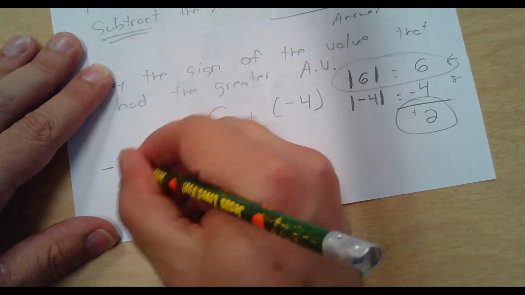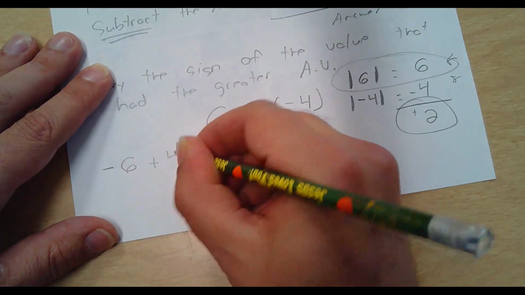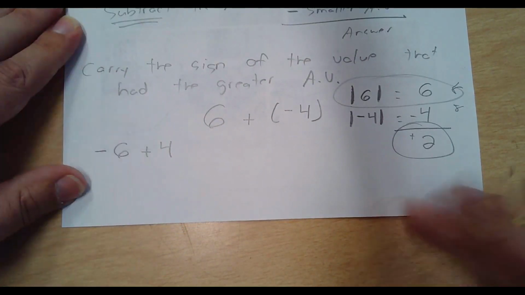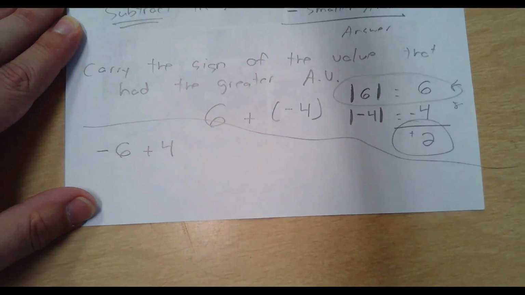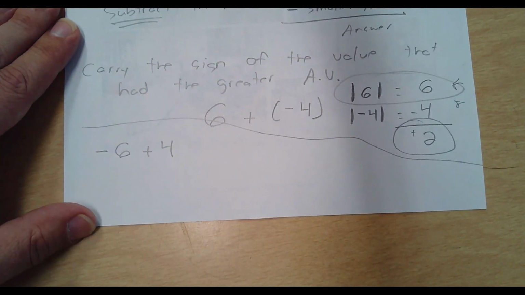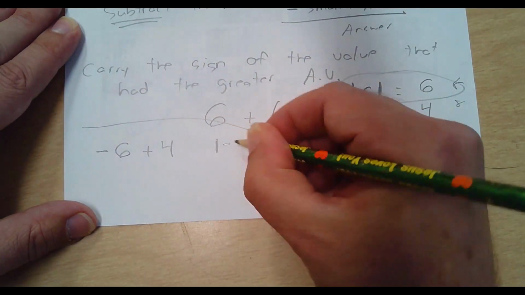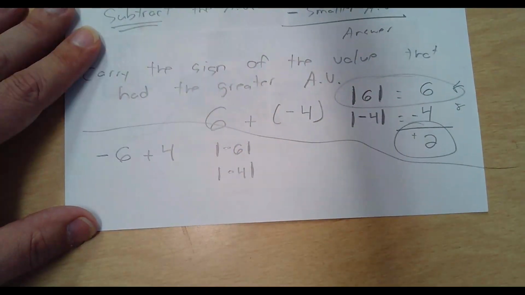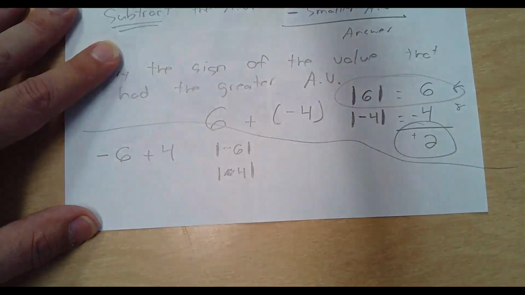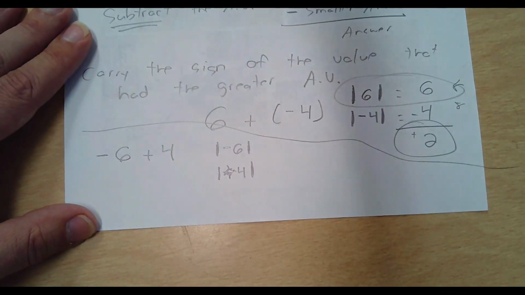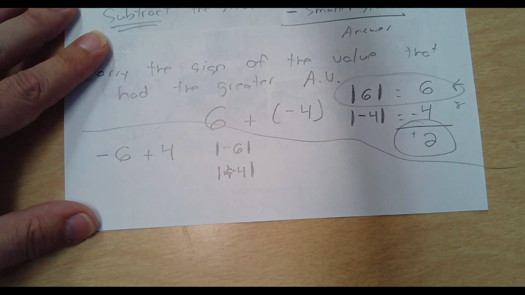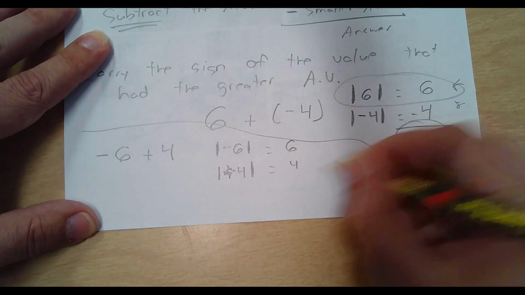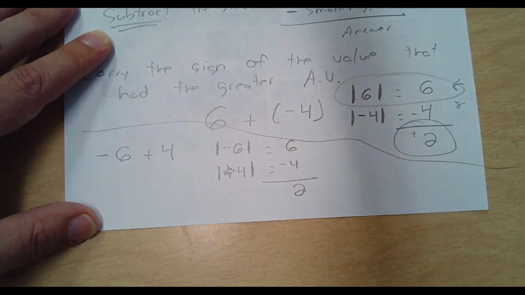This time I'm going to do negative 6 plus 4. And we're going to apply the exact same rule, the exact same process that we just did. So again, I'm going to be extra clear just for this one time. So the absolute, oh, this was a positive 4, my bad. Positive 4. So the absolute value of negative 6 is 6. Absolute value of positive 4 is 4. So I'm left with 6 minus 4 is 2.